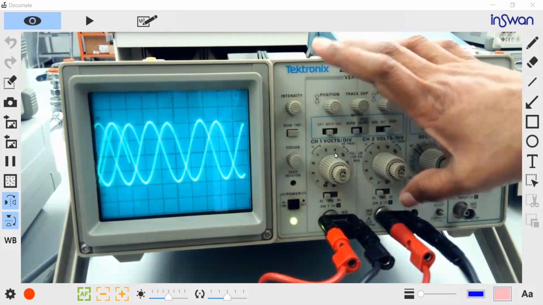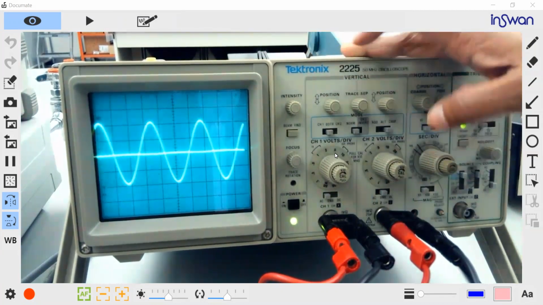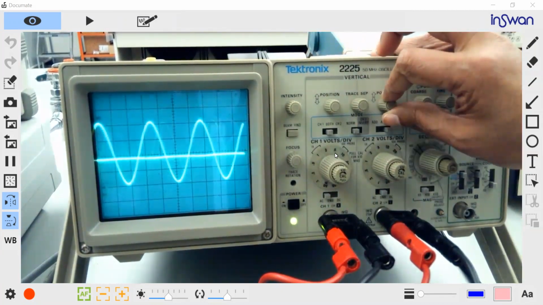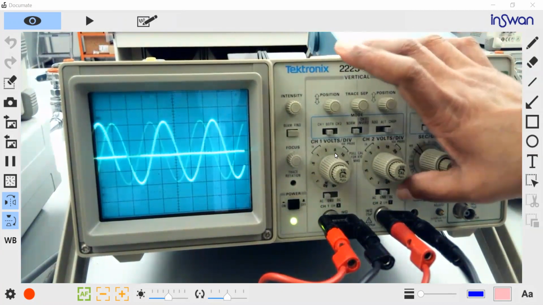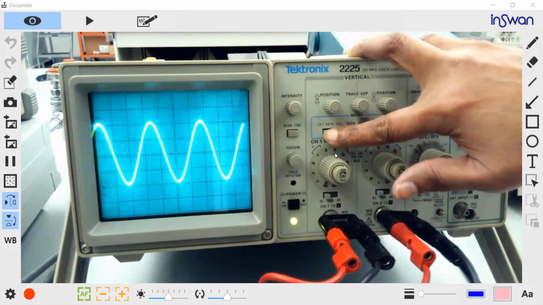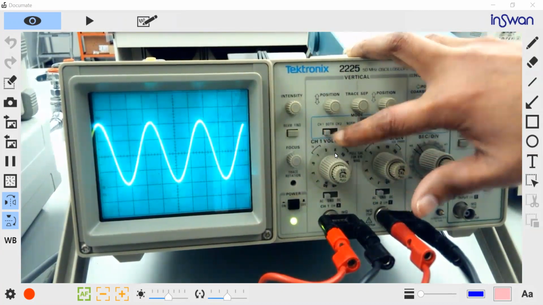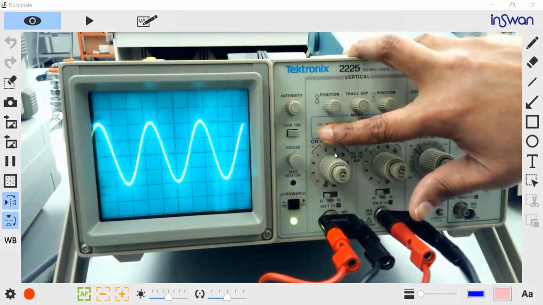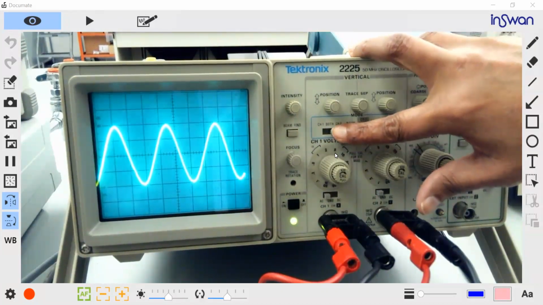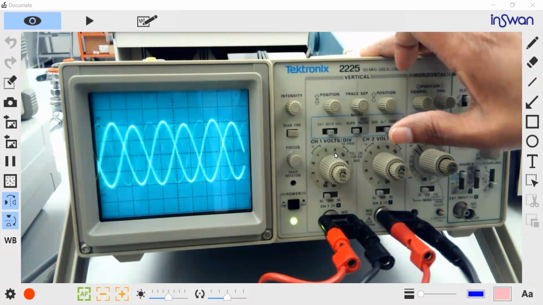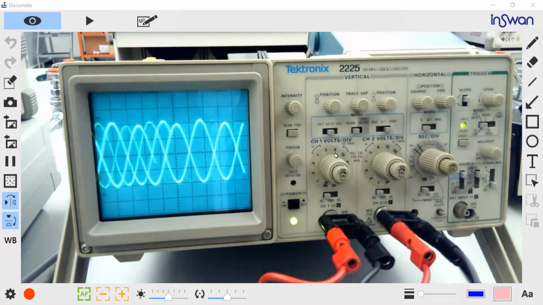You can set it to AC here, and this one you can set to ground. If it is not on the center, you should be able to move it to that position. If I need to see channel 1 separately from channel 2, I can use that symbol, and I can check channel 2 without channel 1, but usually we use both at once if we need to observe two things together.